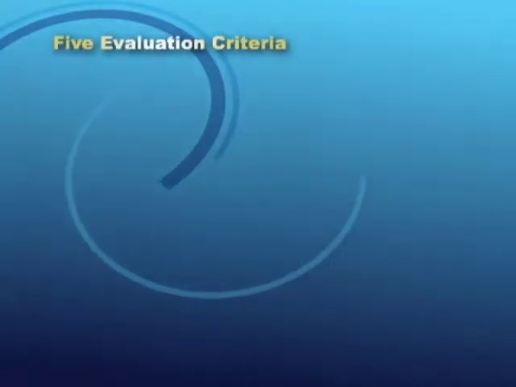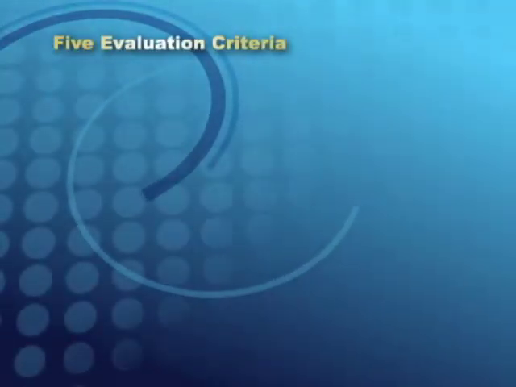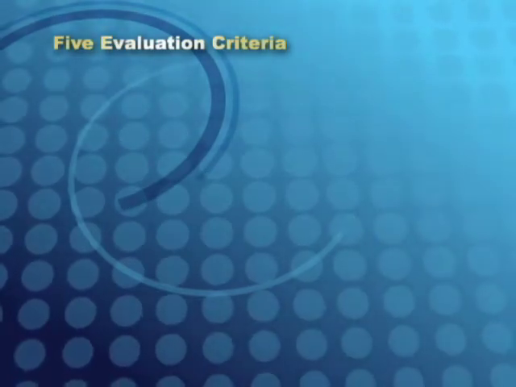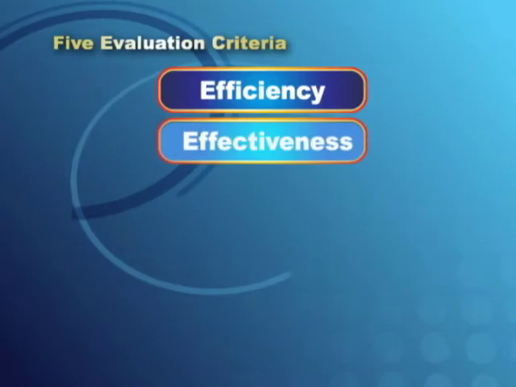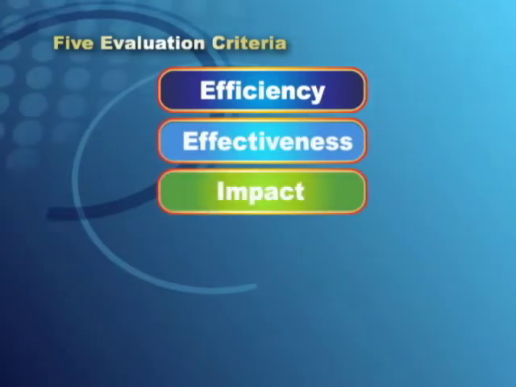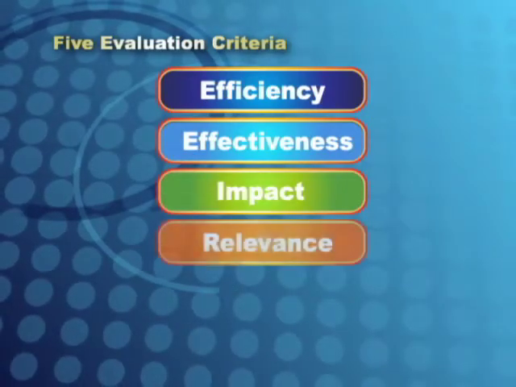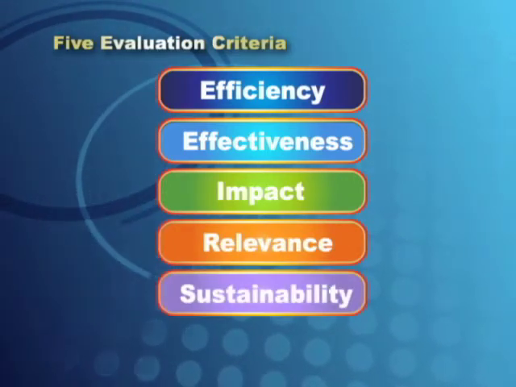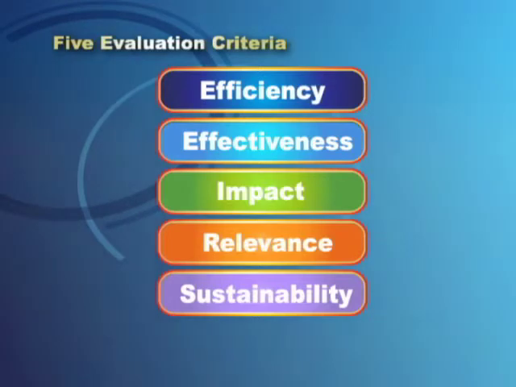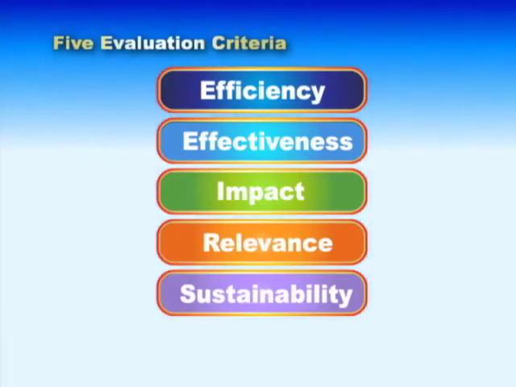Generally, there are 5 items in the evaluation criteria, which are 1. Efficiency, 2. Effectiveness, 3. Impact, 4. Relevance, and 5. Sustainability. Allow me to explain these 5 evaluation criteria within a project or program.